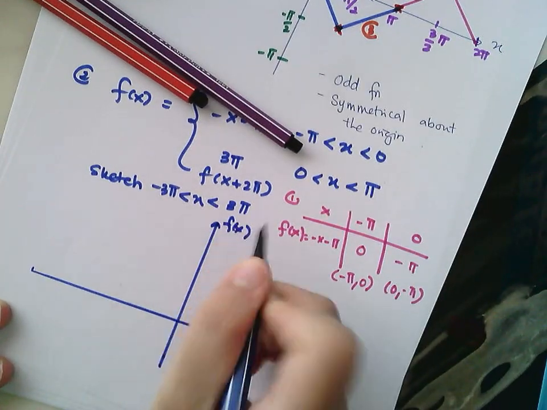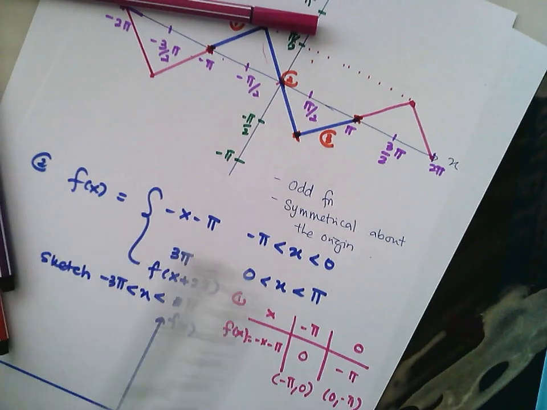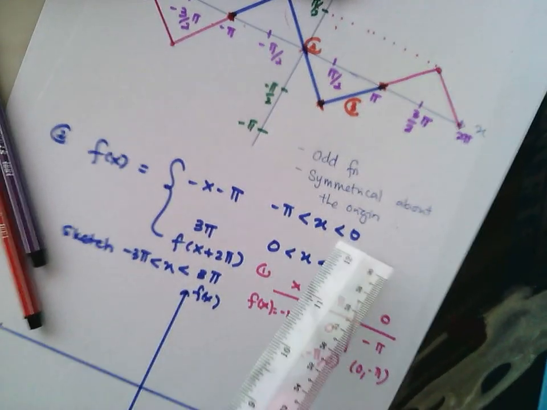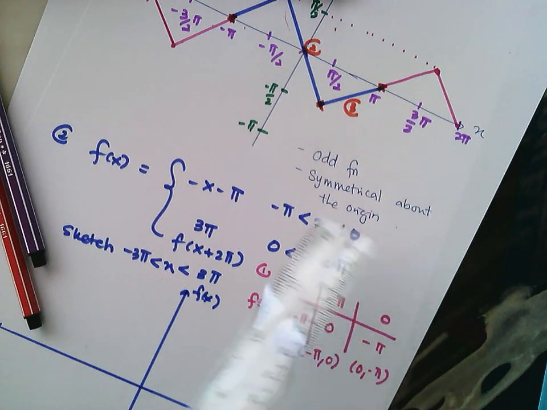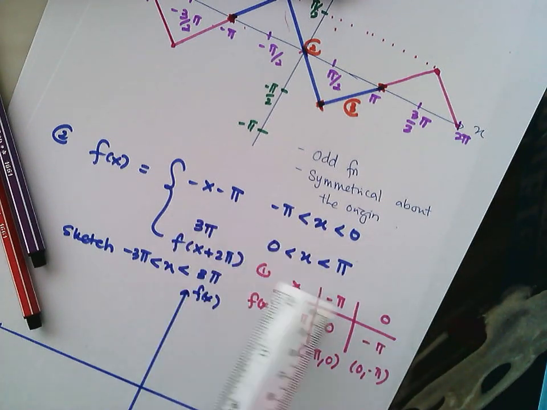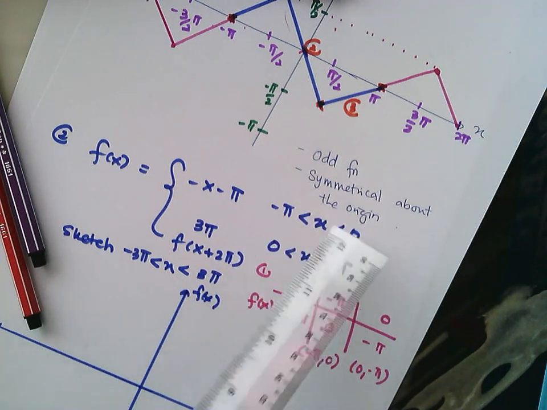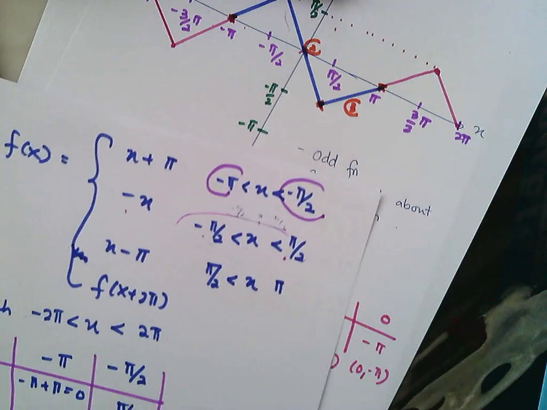So as you can see here, they are using a range of 1, isn't it? 0, pi, 2 pi, 3 pi, because for this one the gap is 1. Okay, but for the previous function, this is half.